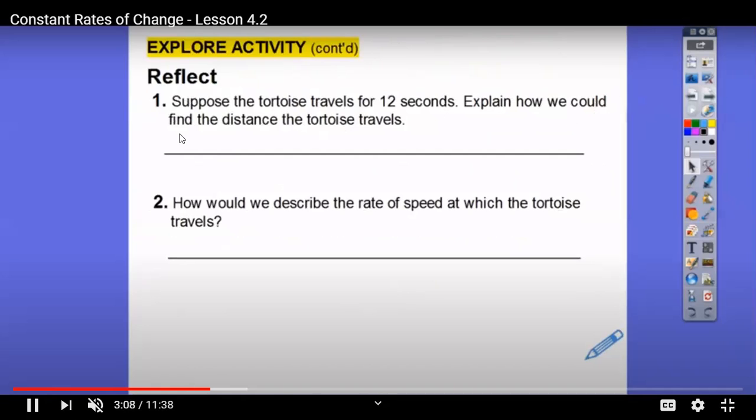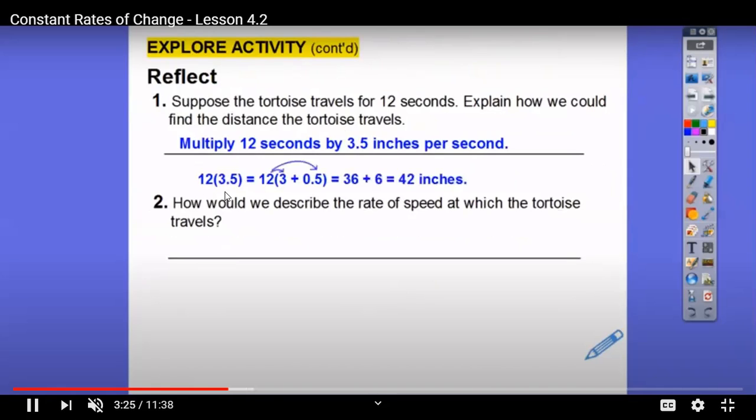Explain how we could find the distance. Directly, we are going to multiply 12 seconds by 3.5 because it moves at a constant rate of 3.5. Then 12 times 3.5, you can do it directly with multiplication, or you can use the distributive property to find the answer, where 3.5 means 3 plus 0.5.